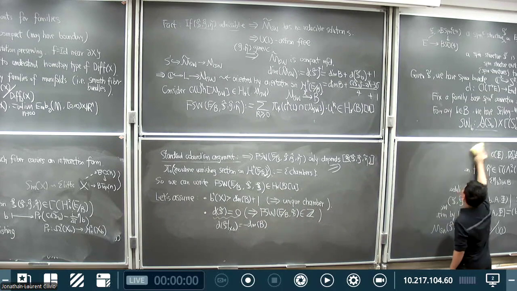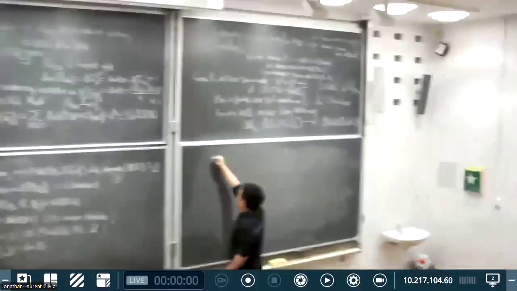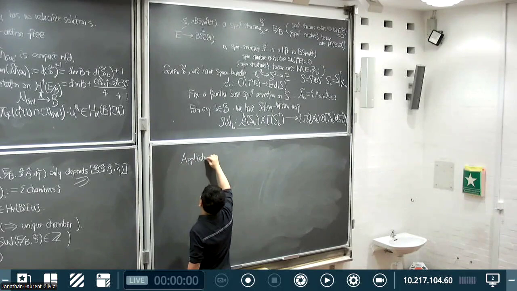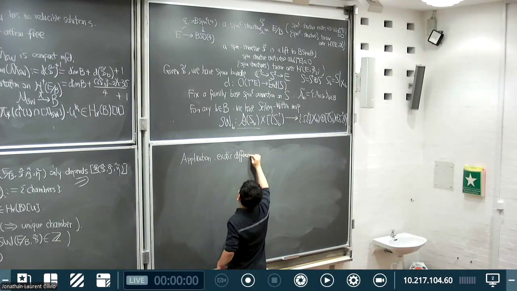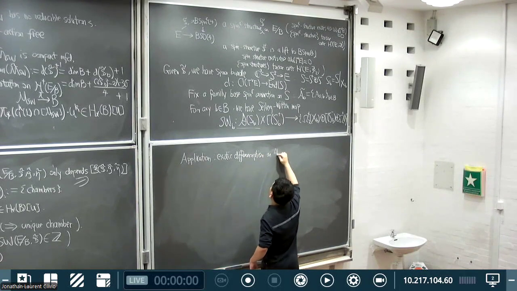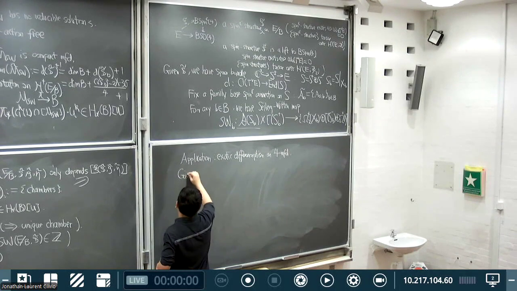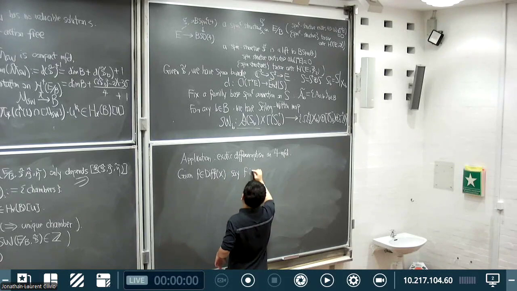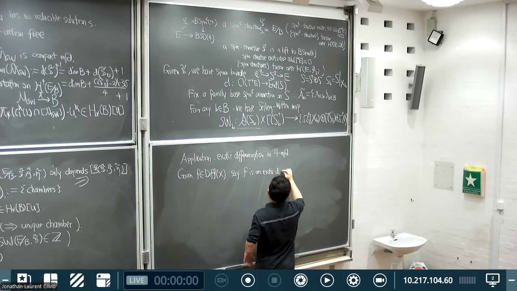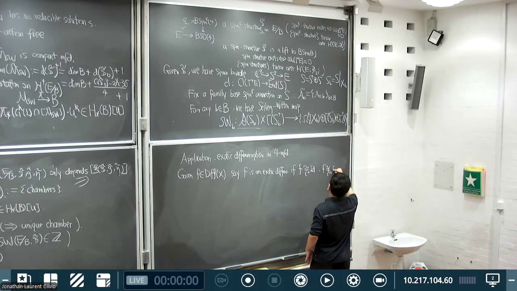Okay, so let's see one application. Given X, say F is an exotic diffeomorphism if F is smoothly topologically isotopic to the identity, but F is not smoothly isotopic.